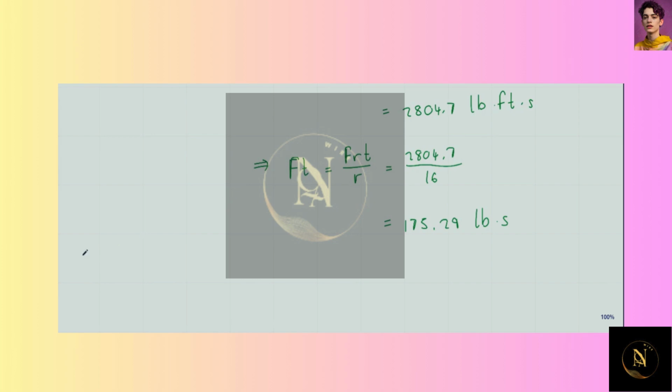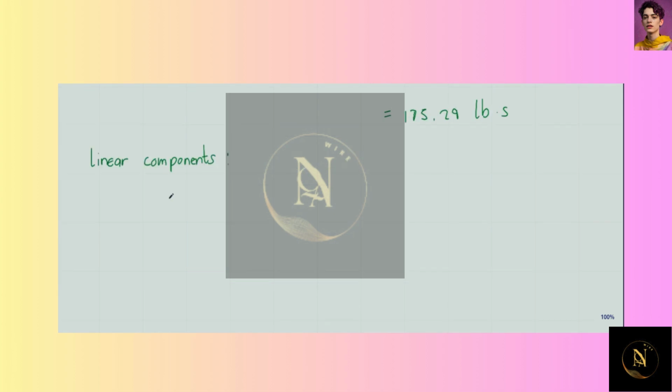So now that was the angular moments. Now let's look at the linear components of the momenta. So the linear components give us mv1, the linear momentum initially of the blades, plus impulse Ft is equal to mv2, the linear momentum of the blades when the speed is increased.